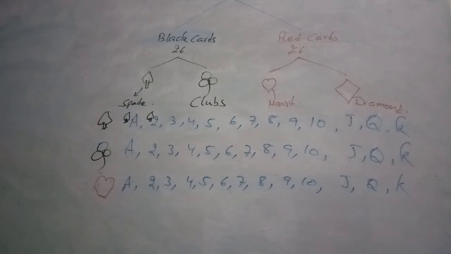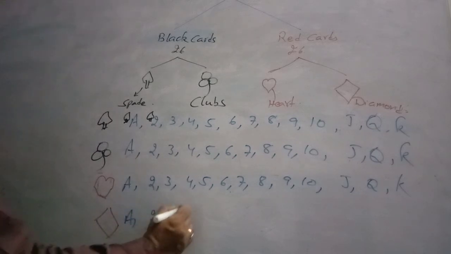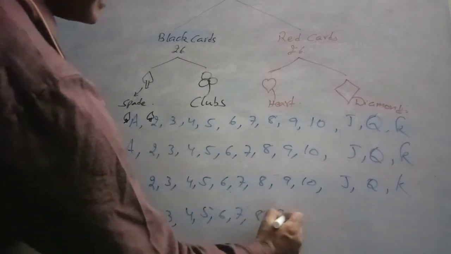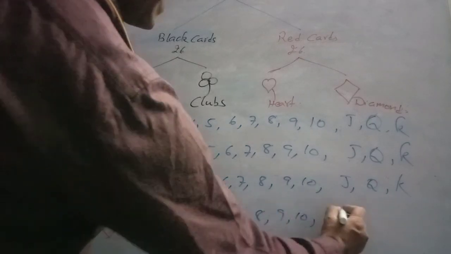Similarly, diamond will have again 13: ace of diamond, diamond of 2, diamond of 3, diamond of 4, 5, 6, 7, 8, 9, 10, jack, queen, and king.